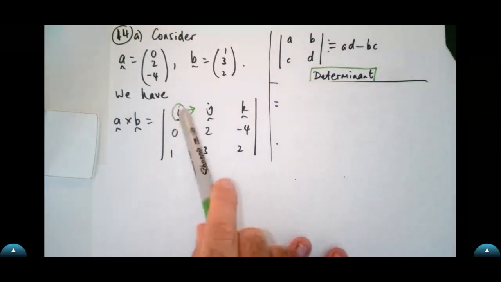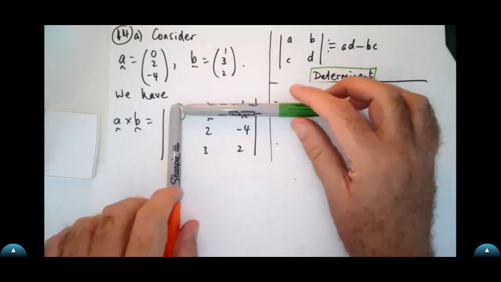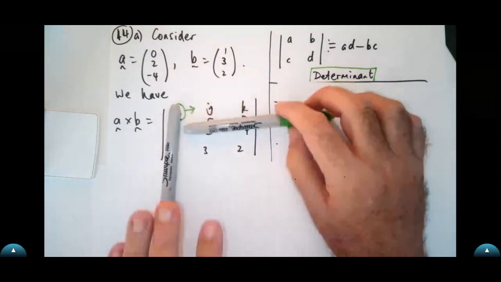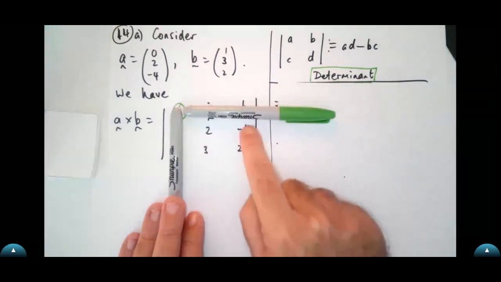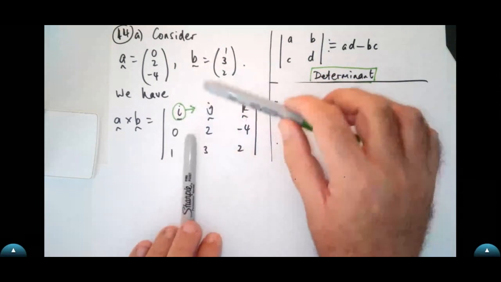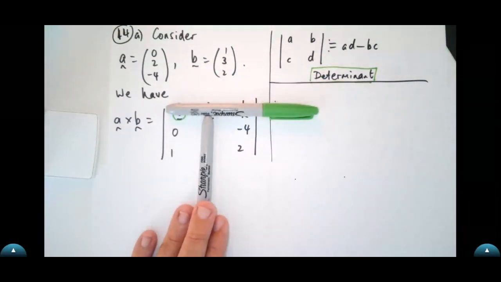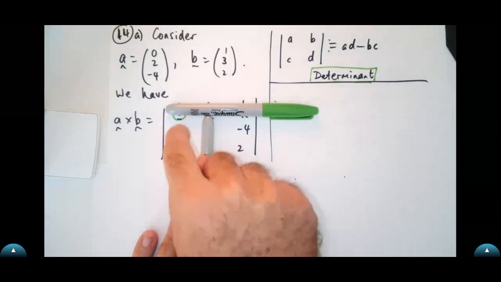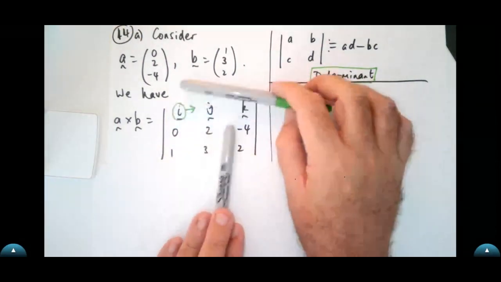So you start in the top left-hand corner, and you go to I, and then you play a game of cover up. I is in the first row and the first column. Cover up, and multiply that by the determinant of what's left. That times that minus that times that. Then move on to J. J's in the middle column, and the top row. Cover it up. Then multiply J by the determinant of what's left.